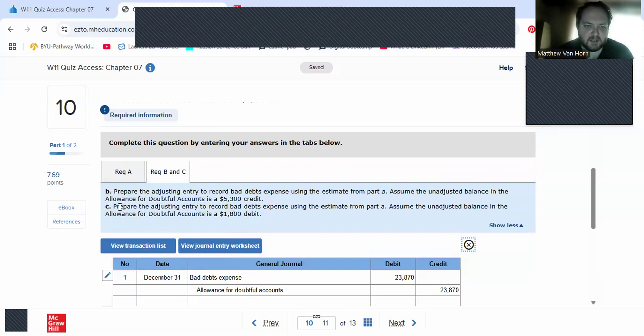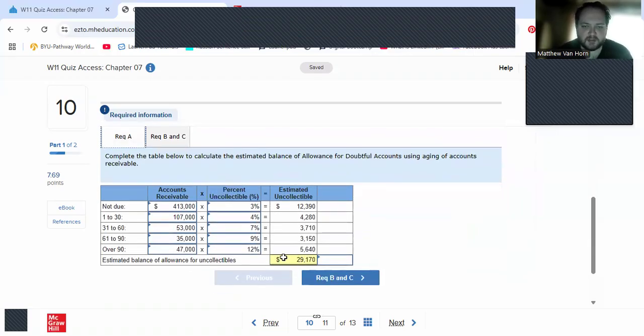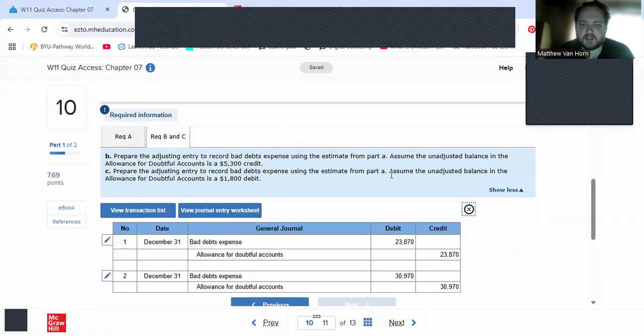This one here, part C, says prepare the adjusting entry to record bad debts expense using the estimate from part A. So again, we're going to refer to this number here, 29,170. It says assume the unadjusted balance in the allowance for doubtful accounts is a $1,800 debit.